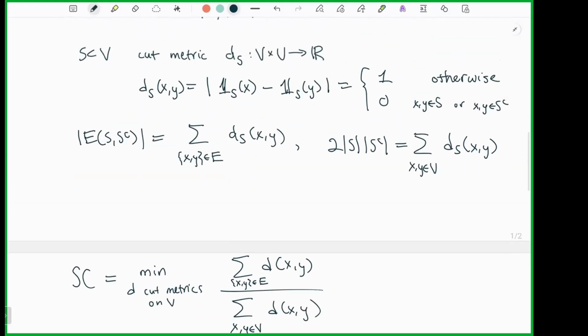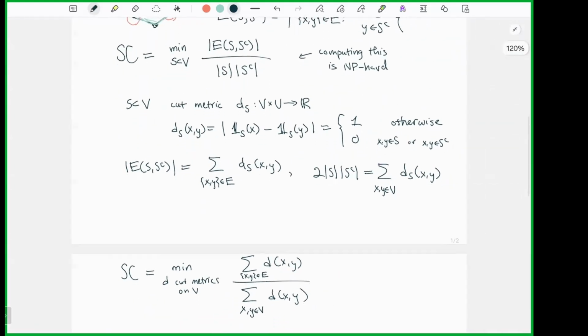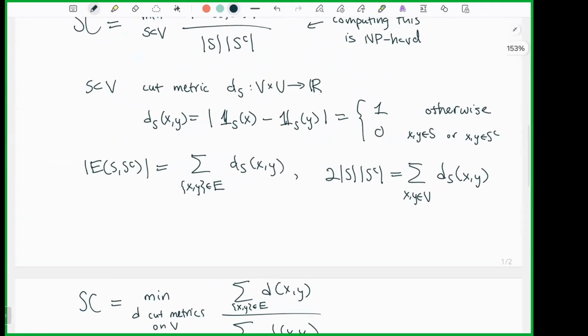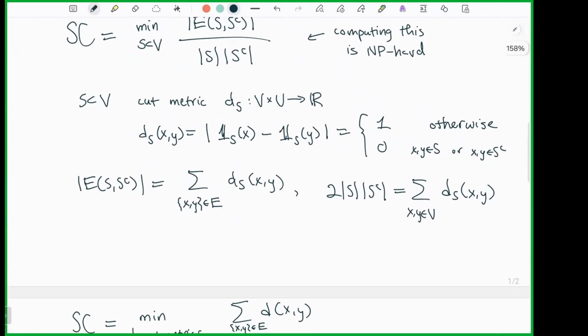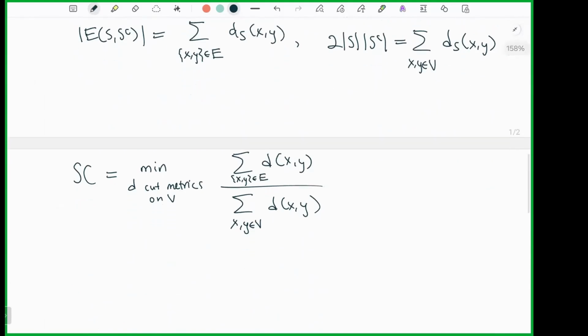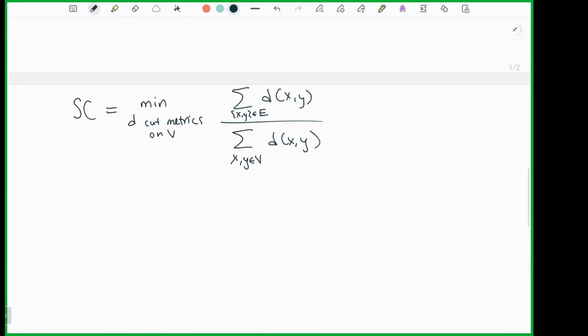So it's just a reformulation of the question. It's equivalent to the original question, so it's not any easier.